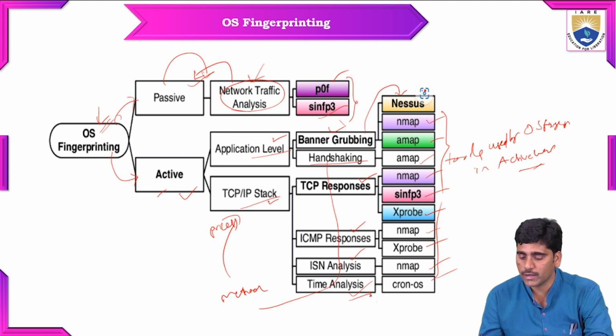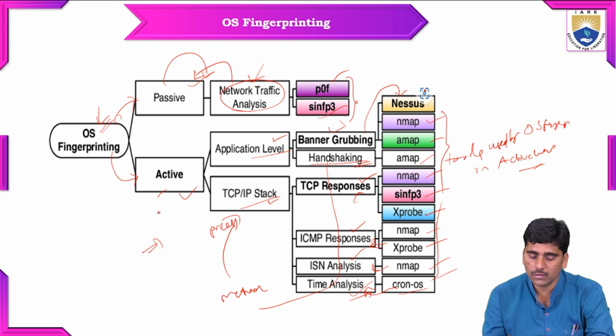For each category: Cron-OS is used for time analysis, Nmap for ISN analysis, Nmap and Xprobe for ICMP responses, Nmap, Sniff3 and Xprobe for TCP responses, Amap for handshaking only, and Amap, Nmap and Nessus for banner grabbing.